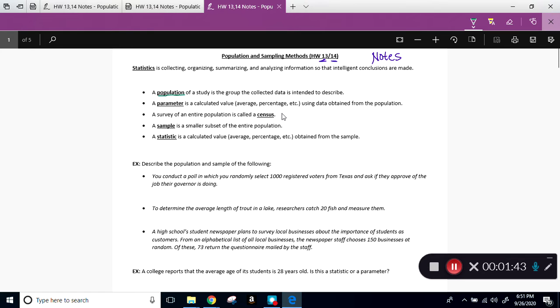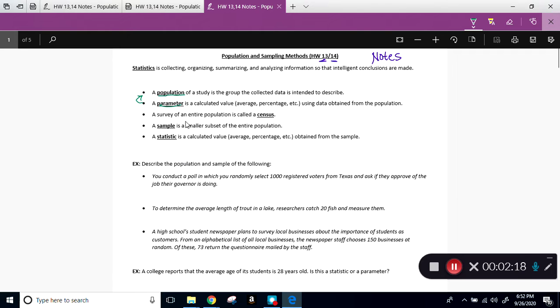Or the population could be college students between the ages of 18 and 22, or maybe students that are 18 to 40 or something like that. I don't know, but that's the population, everybody that's in that population.